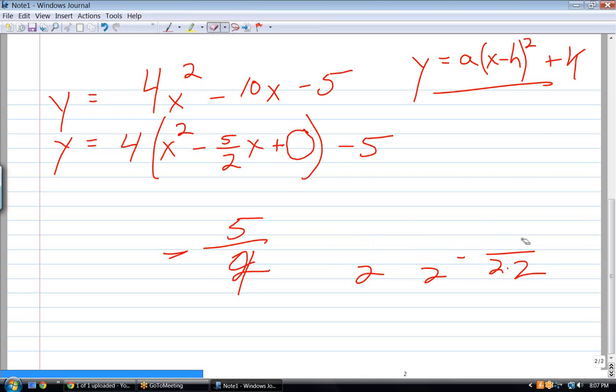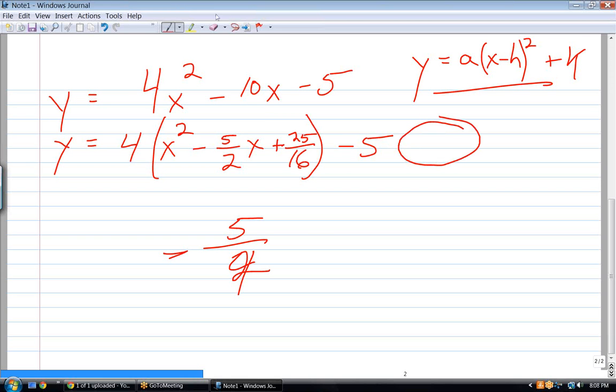Okay, so what do I write here? 5/4. You've got to square it. Oh, so 25/16. And what do I have to write over here to balance out what I just did?